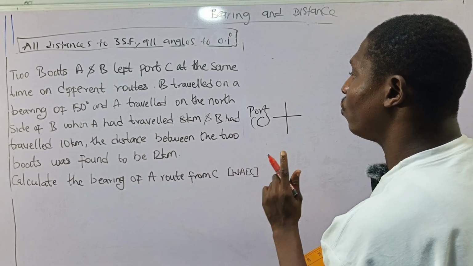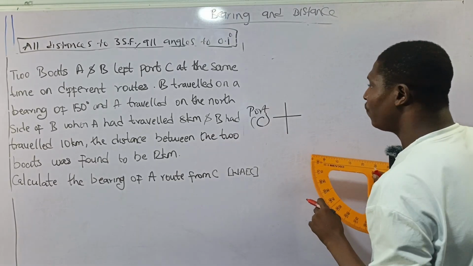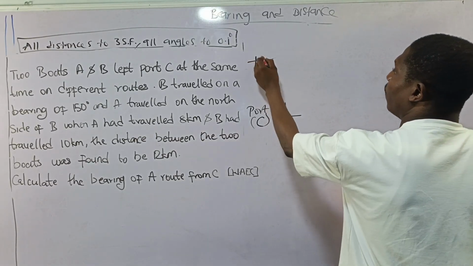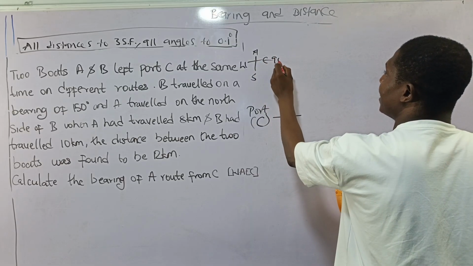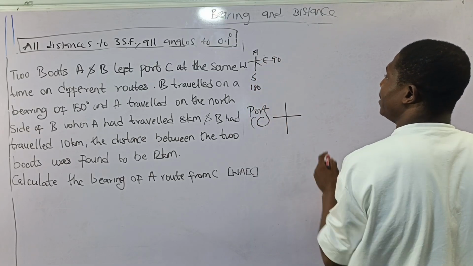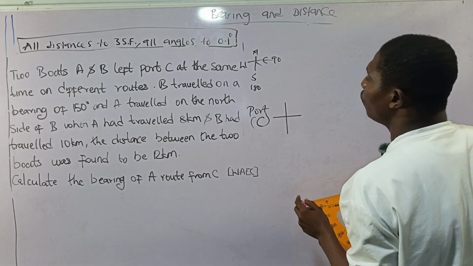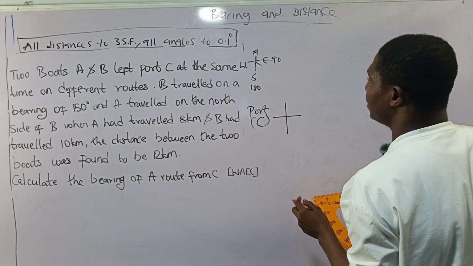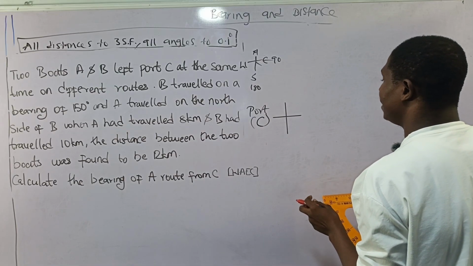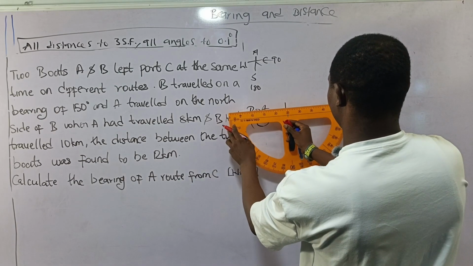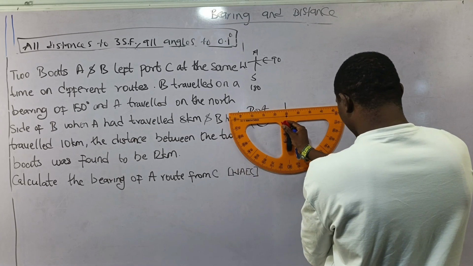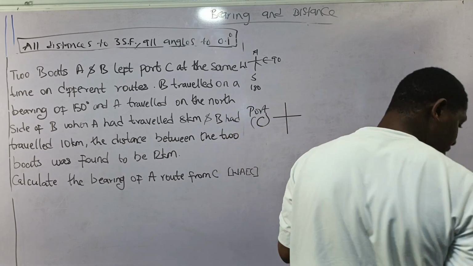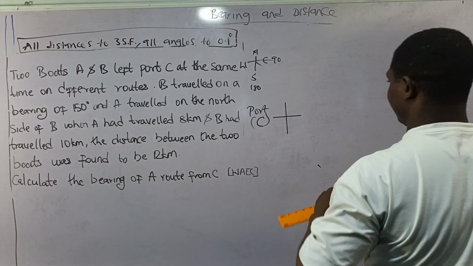So 150, however, north, south, west, 150 is greater than 90 but less than 180, so it should be here. And 150 minus 90 will give you 60 degrees. Yes. So I have this. So this is my 60 degrees. And I'll draw the route.